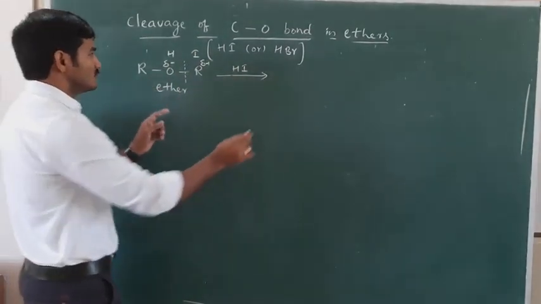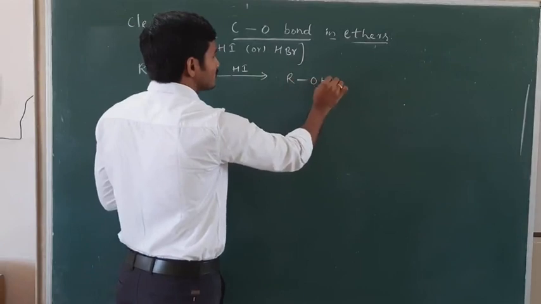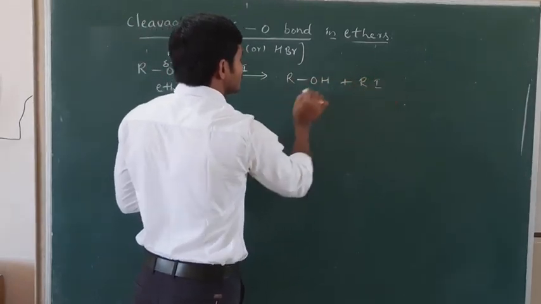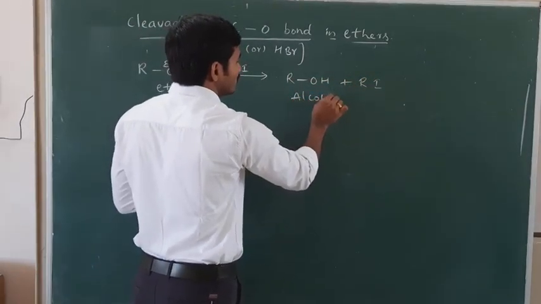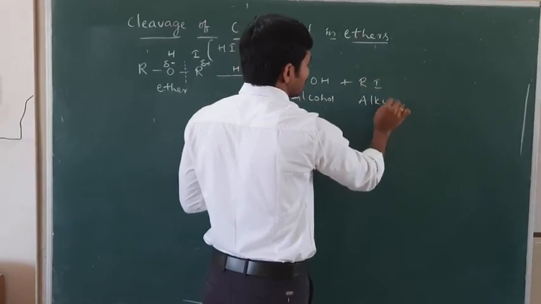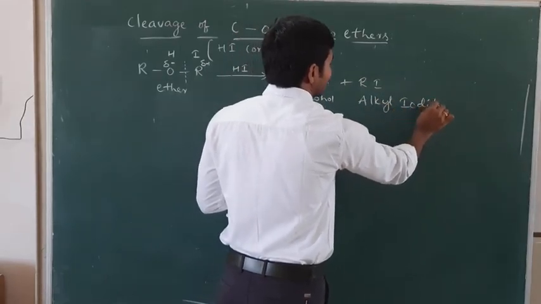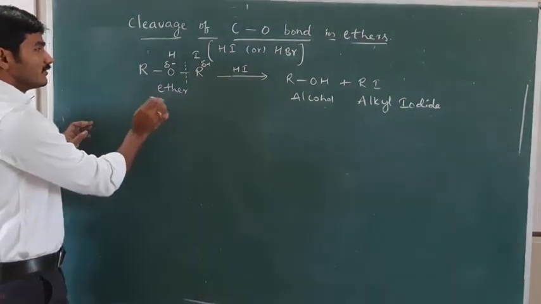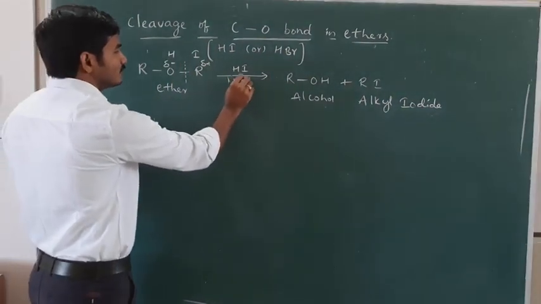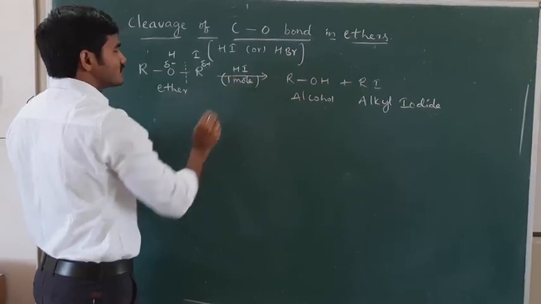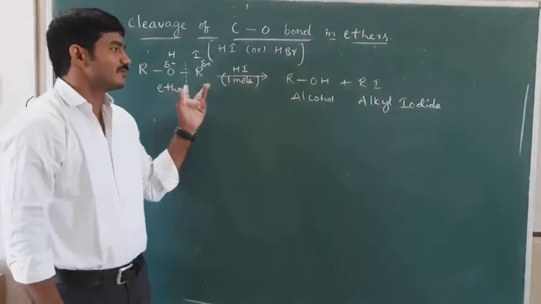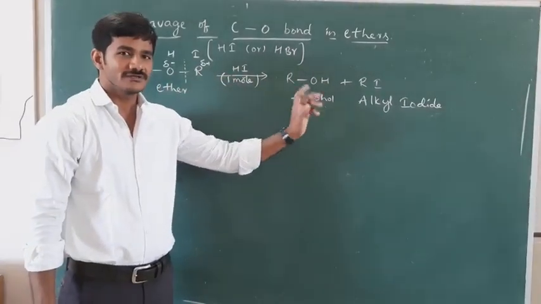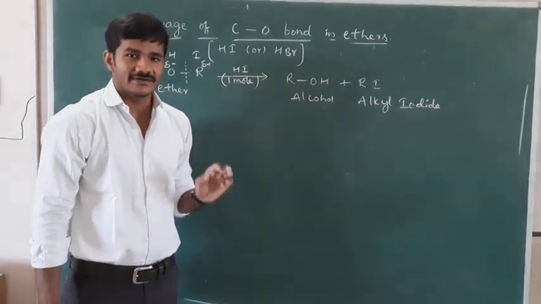So the resulting product is ROH plus RI. This is alcohol, this is alkyl iodide. Now I take only 1 mole of HI. It can break the C-O bond in ethers and form two products: one is alcohol, one is alkyl iodide.